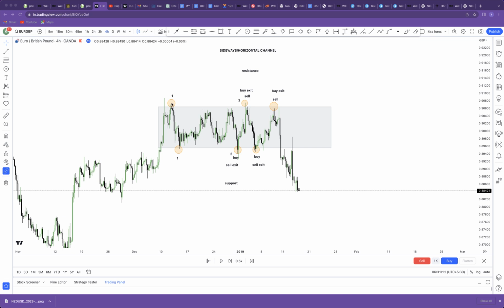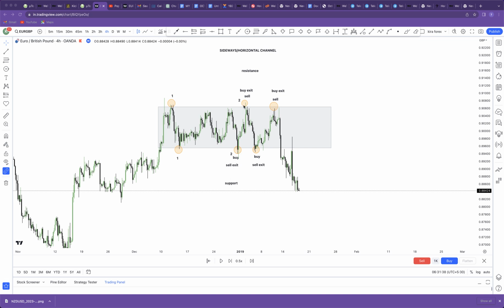So here we have the first touch, and then on the second touch we sell. So when you sell, you take your what? You take your profit at where the support is. So we have the first touch, then the second touch we sell. So the third touch we sell. Then on the support we have the first touch, the second touch you buy.